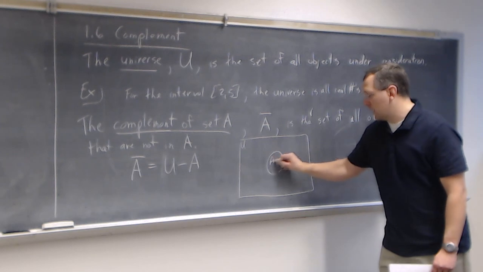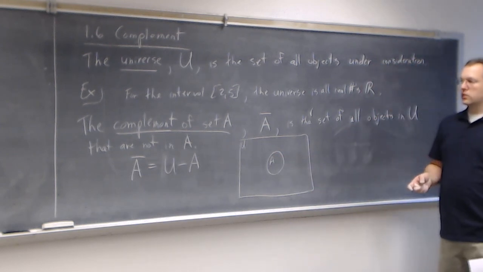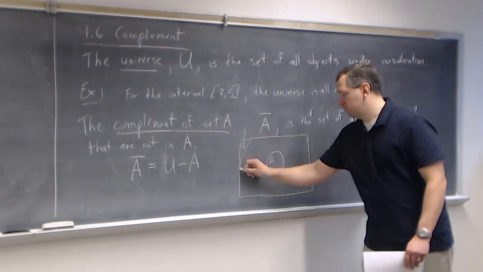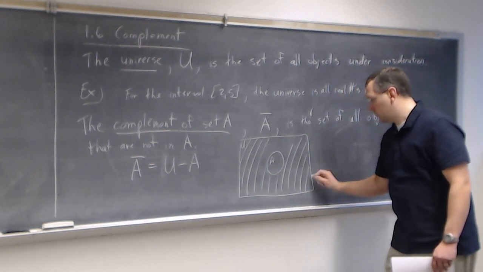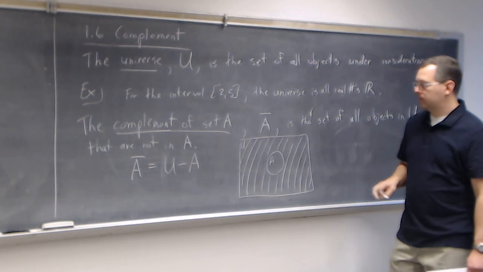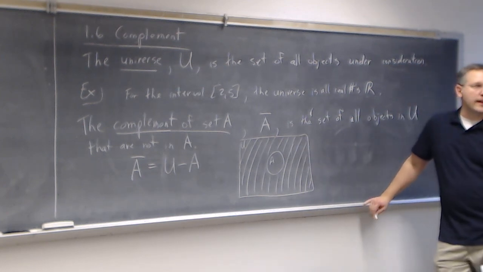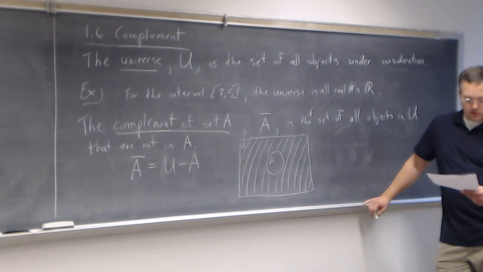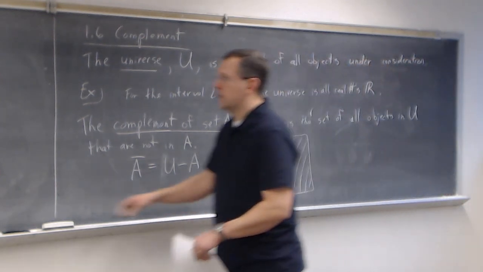A is a set inside. Where would all the elements that are in the universe but not in A be? Shading everything around A. That'd be the Venn diagram for A complement. Any questions so far? Let me give some examples.